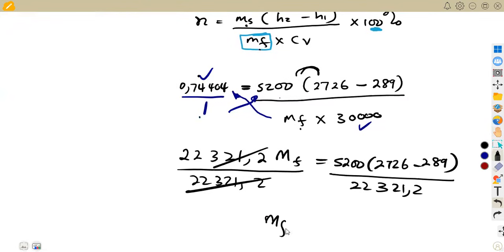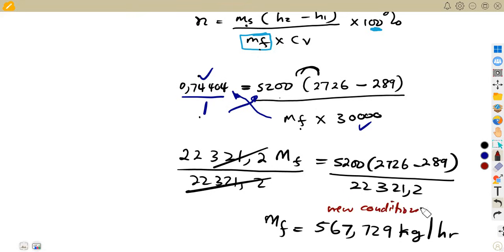All right, so this is our mass of fuel, which is 567.729. Remember the mass of fuel from the mass of steam, which is in kilograms per hour. So this is also going to be in kilograms per hour. So when our conditions had changed, or at new conditions, we are obtaining this mass.